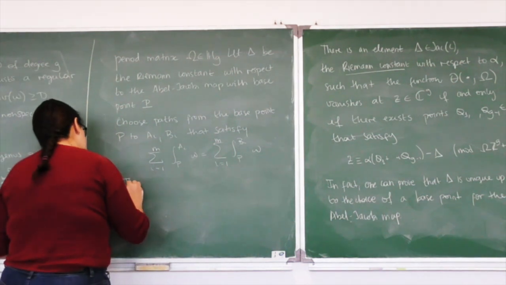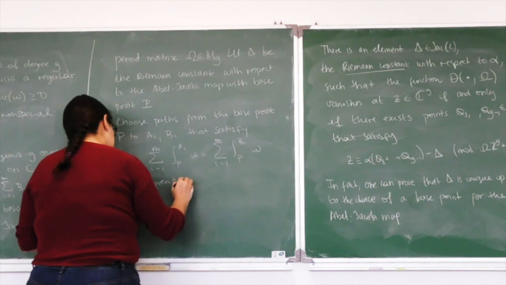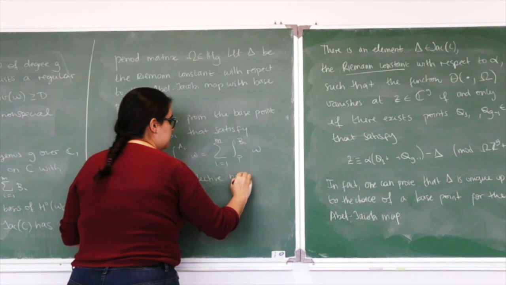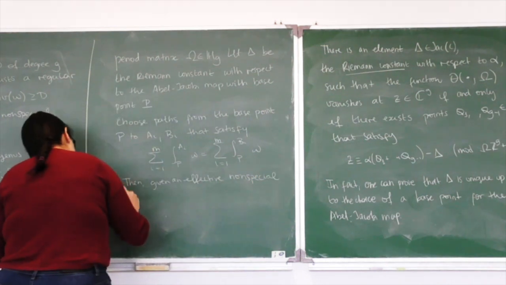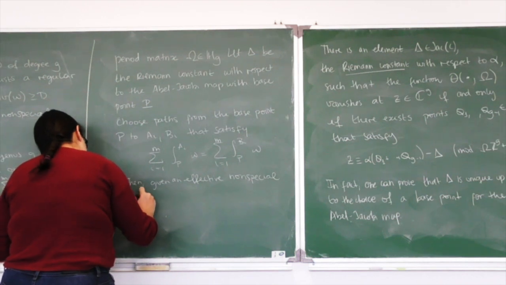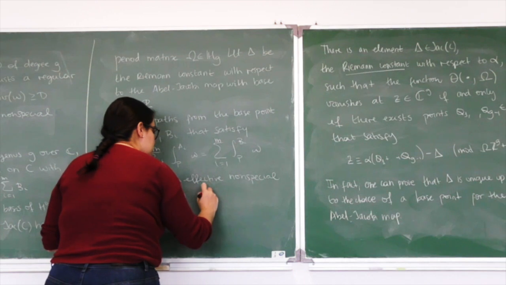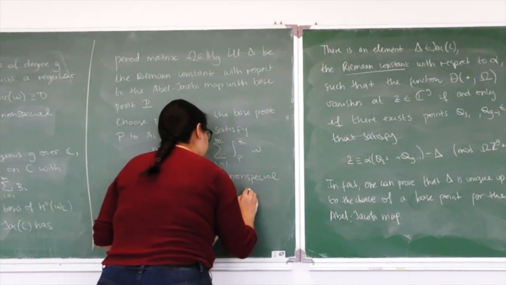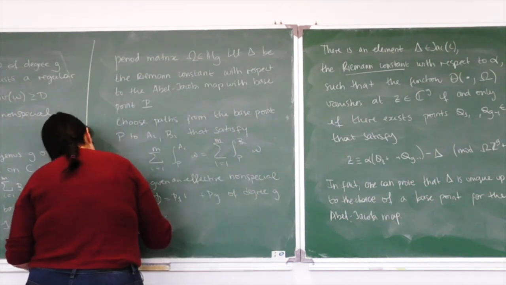And so then, given an effective, non-special divisor D, which is the sum of g points, of degree g, that satisfies the following.